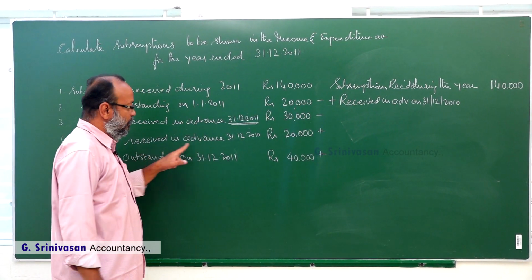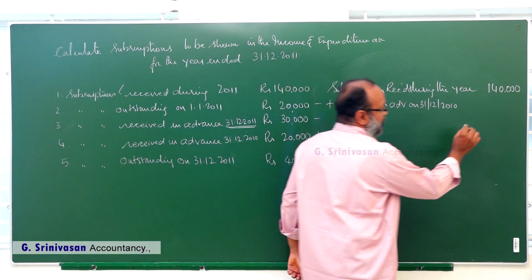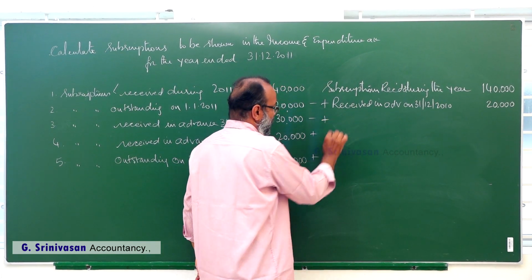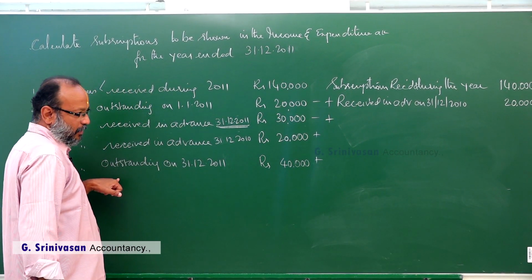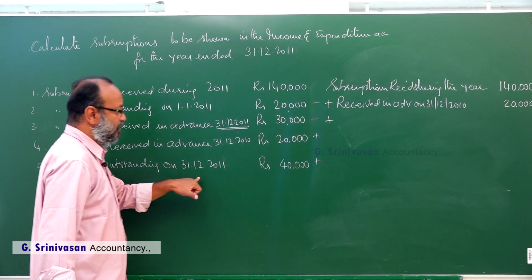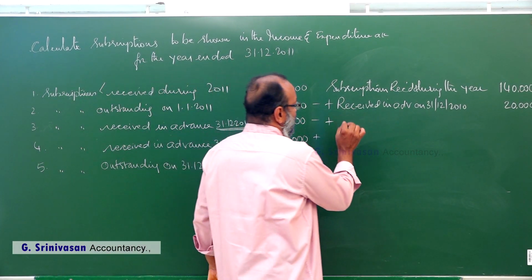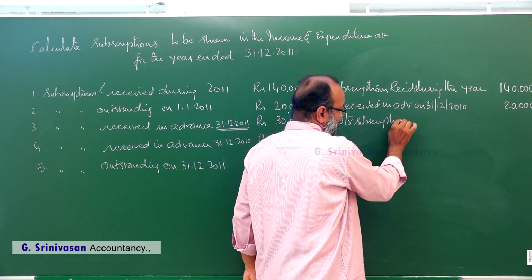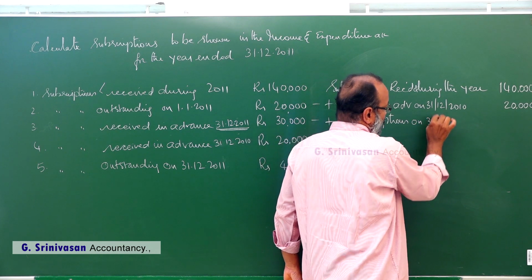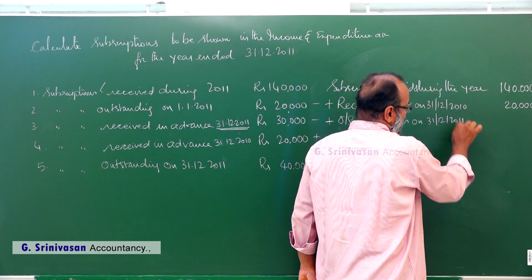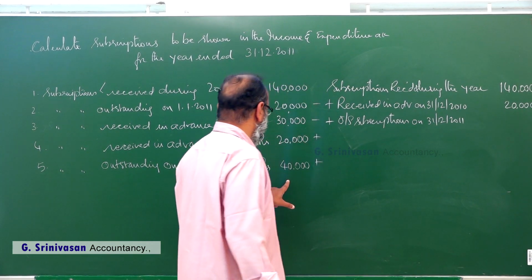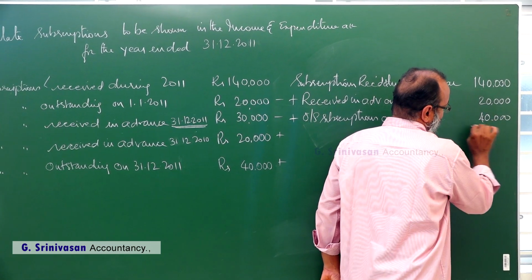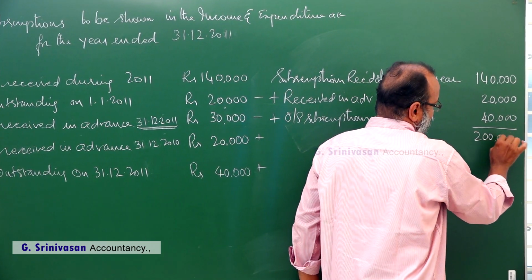Received in advance 31/12/2010 is 20,000. Next one, add outstanding. Current year outstanding, it has to be added to the current year subscriptions. Add outstanding subscriptions on 31/12/2011. Amount is 40,000 rupee. We get 2 lakh.